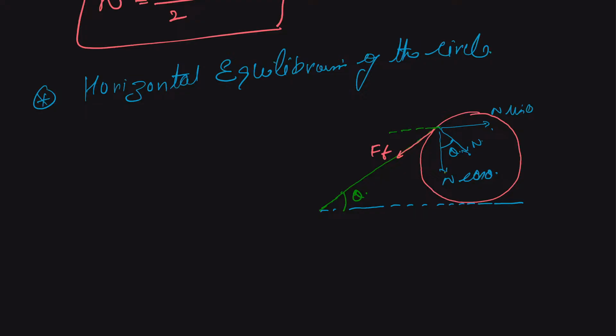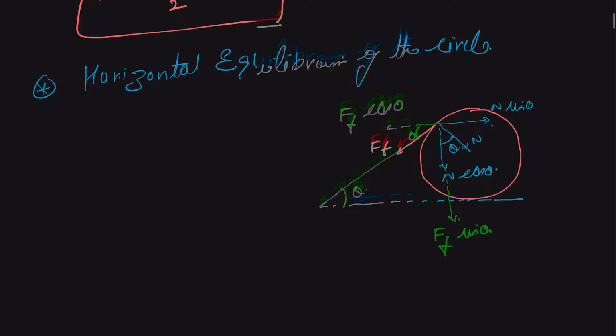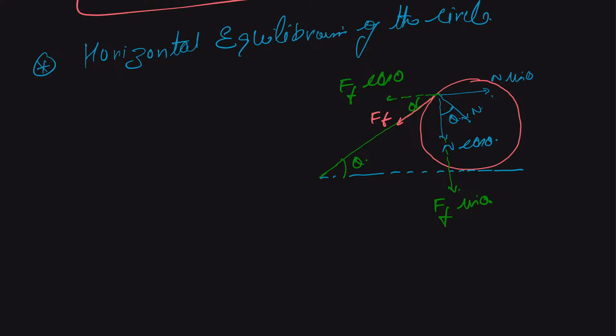The other one will be in this direction. This angle will be theta, so we get f of t cos of theta, and this will be f of t sine of theta. And the horizontal one is our friction in this direction, which we called f of f. So these are the forces acting on this.